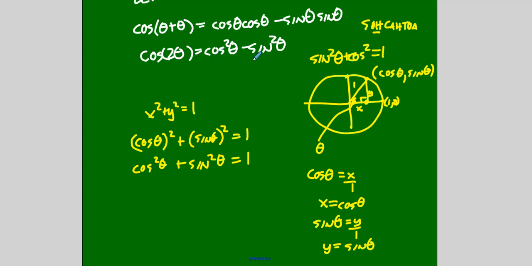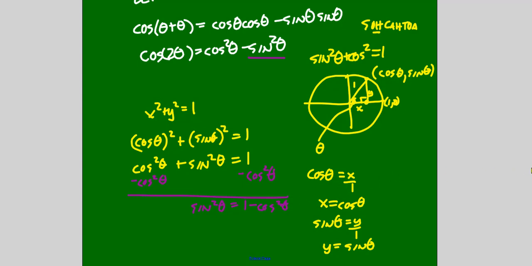In our proof here we have this, and I'm going to look at sine squared theta. Notice from here, if I subtract cosine squared theta from both sides, that goes away, so I get sine squared theta equals 1 minus cosine squared theta.